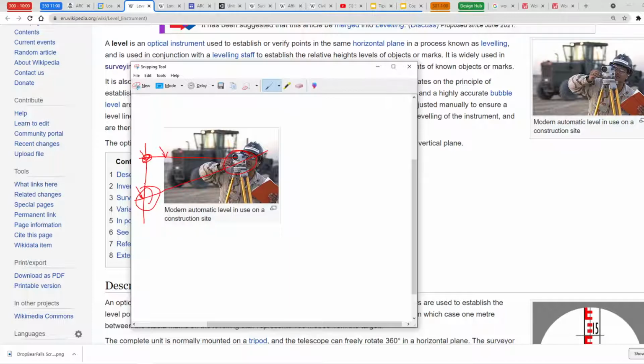That's why they call it a transit level, and why this week's survey is all about getting that thing level, or you're really, really messed up. Now, I'm going to show you in a couple of weeks, because we have the theodolite, you can make some adjustment for that, so that if you're not perfectly level, you can take 2 readings by flipping that thing and get that level out.